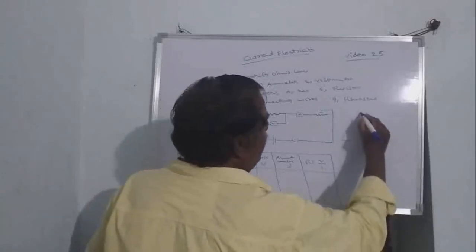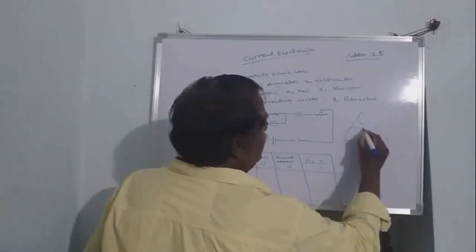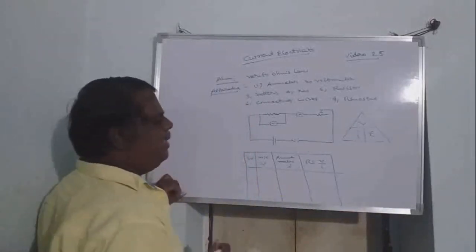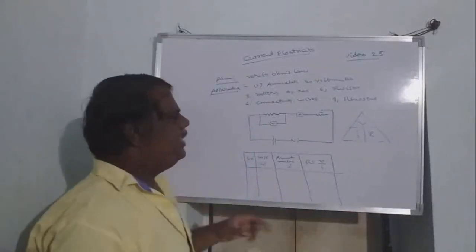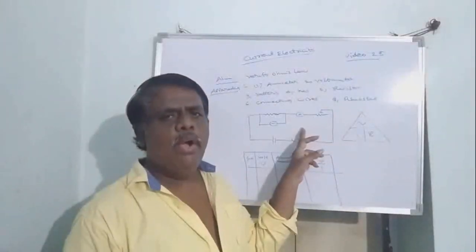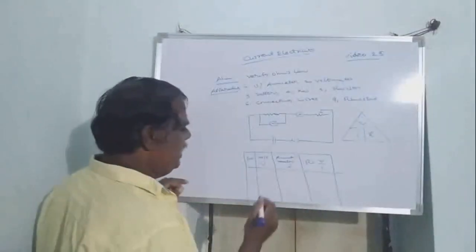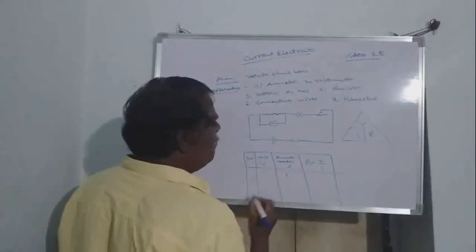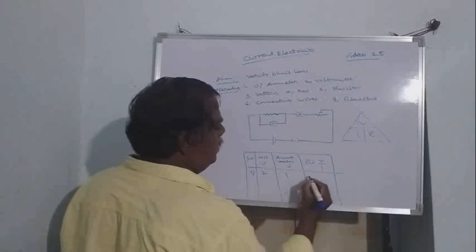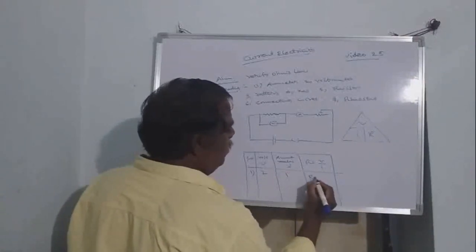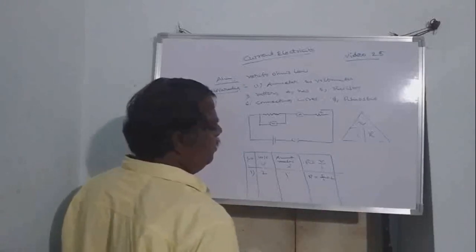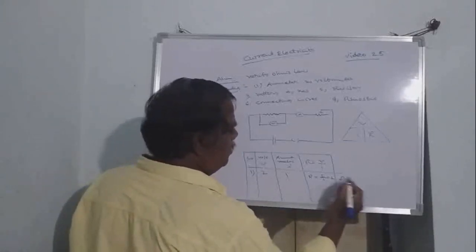This is from the triangle VIR. Suppose you adjust the rheostat until the ammeter reads 1 amp. At this time suppose the voltmeter reading is 2 volts. Therefore R = V/I = 2/1 = 2 ohms.